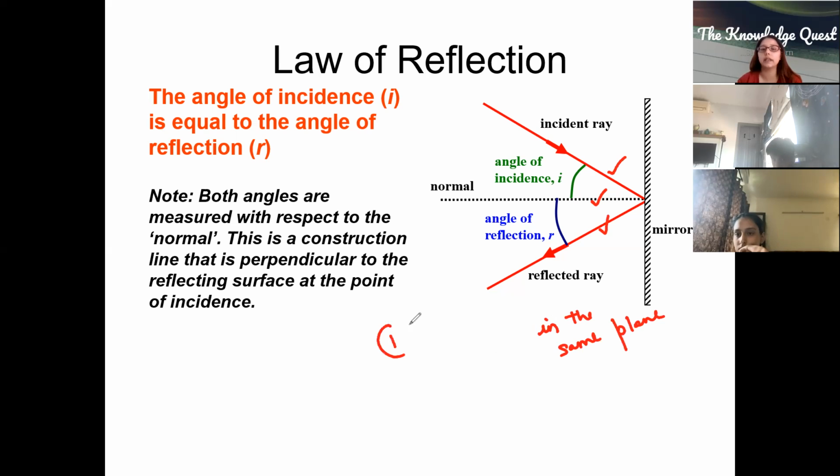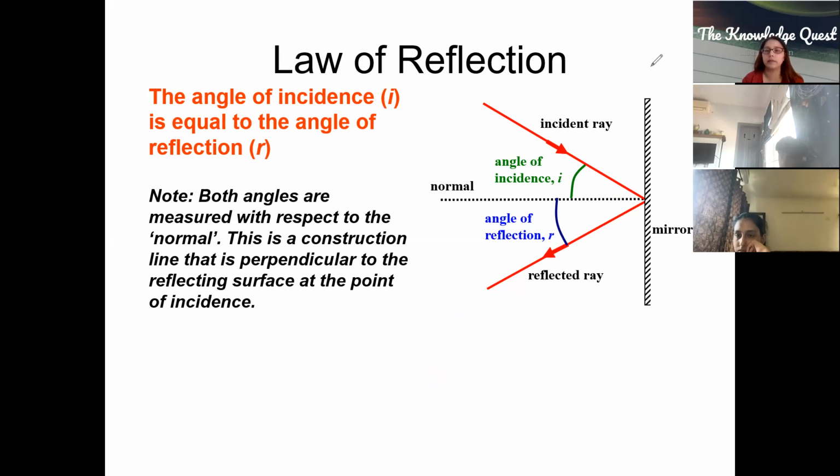So one is angle i is equal to angle r, and second is that the incident ray, reflected ray, and normal are in the same plane. So this is your law of reflection. Clear? Something we have heard about in grade 7 and 8 also. We are aware of what this whole thing is about.